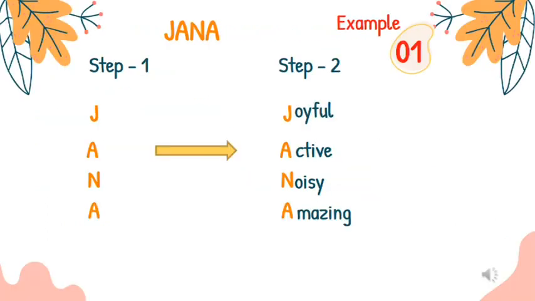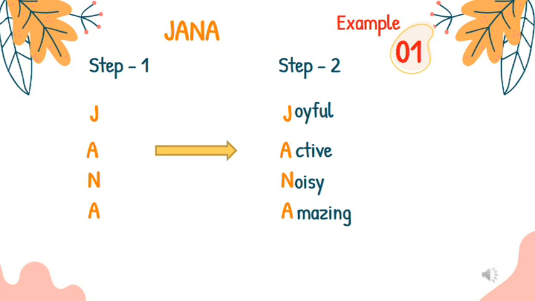Students, let's see an example. I'm going to write an acrostic poem about me, so the name Jana becomes the topic of my acrostic poem. So, here now we write the topic, we write the letters of the topic down vertically and usually in capital letters. Now we think of words for each of these letters that describe me.